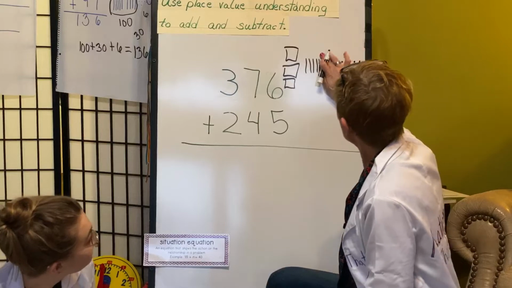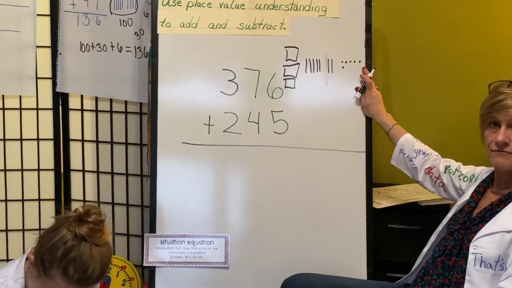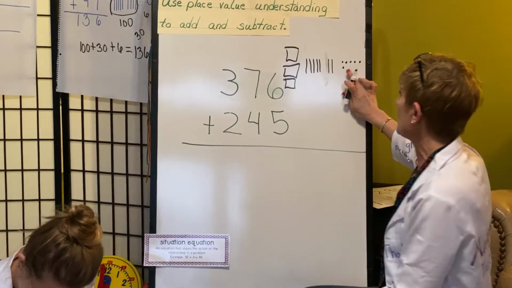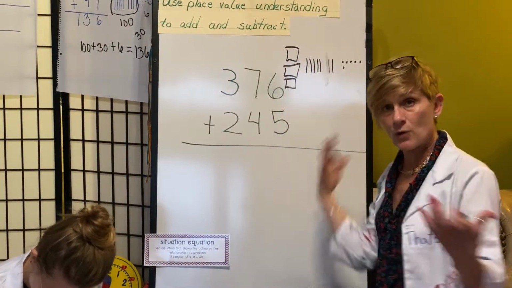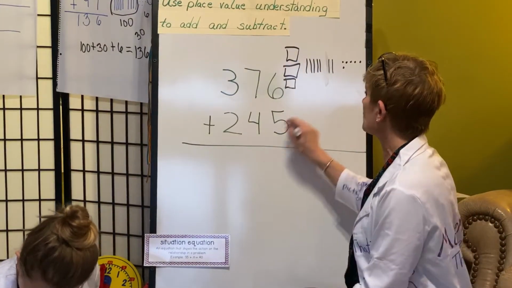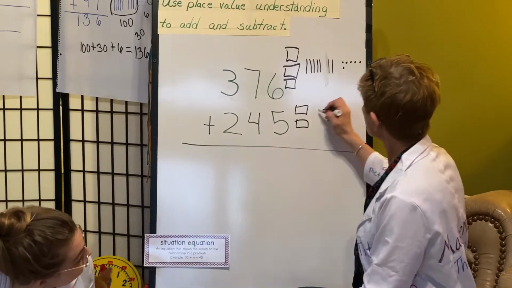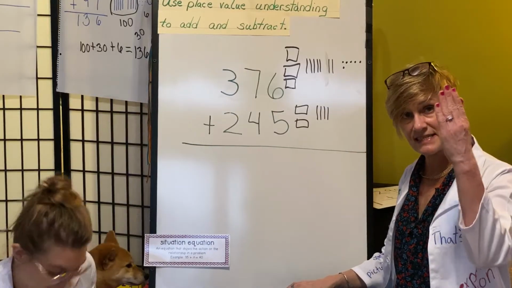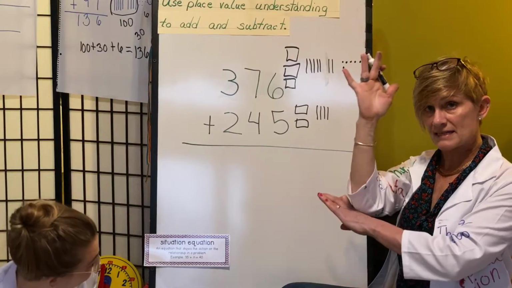If you've noticed, friends, when I do my visuals, I always make sure that I use a 10 frame with my ones place. It helps me keep track of my 5, and then one more is 6. My 3 100s are basically my quick 100s. I have 2 100s here. I have 4 10s. I use my quick 10s for that because I know that's 10 ones linked up, and that makes a 10.